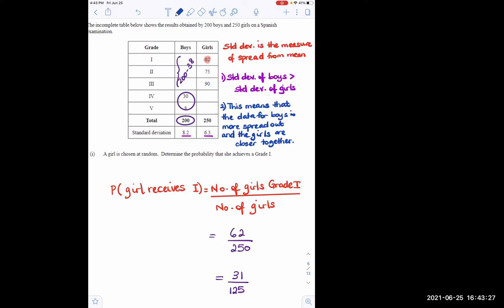Standard deviation is a measure of spread from the mean. Just by looking at the table, if you don't know anything about standard deviation, you write that 8.2 is greater than 6.3. That is what you're seeing, right? You need to write something, don't leave it blank. So the standard deviation of boys is higher than girls, and the data for the boys are more spread out compared to the girls.